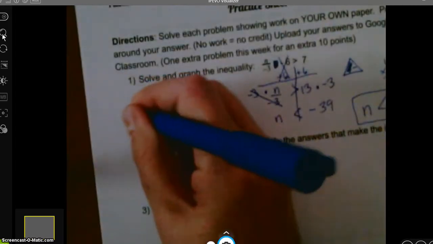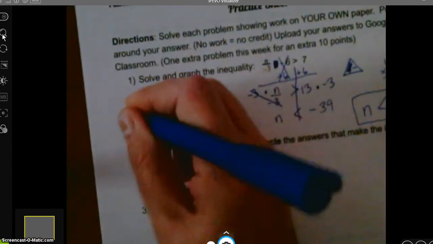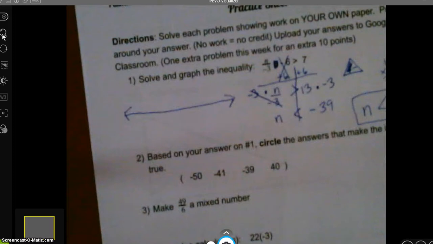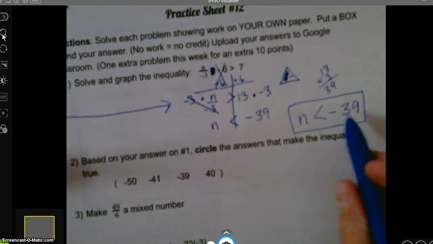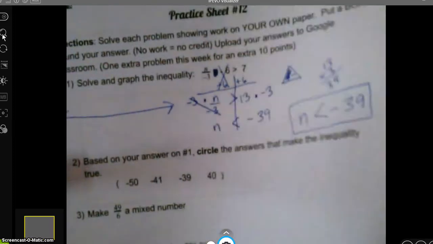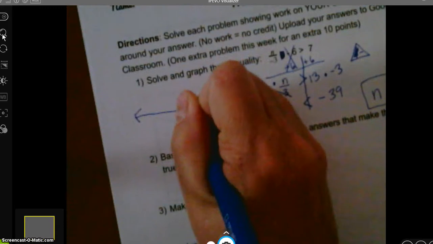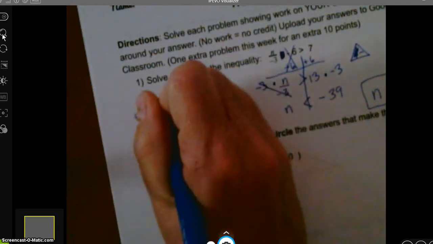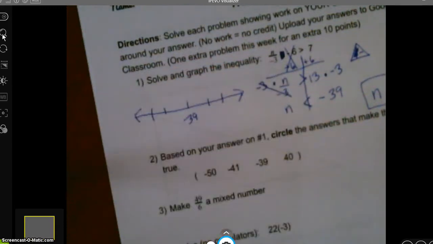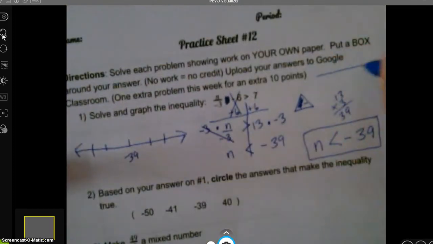Okay, so remember, I'm going to do my number line now. And the number that needs to go on my number line is negative 39. Then we do 2 to the right, 2 to the left. And remember, this is where we mess up a lot. Okay, so look at my little baby number line here.